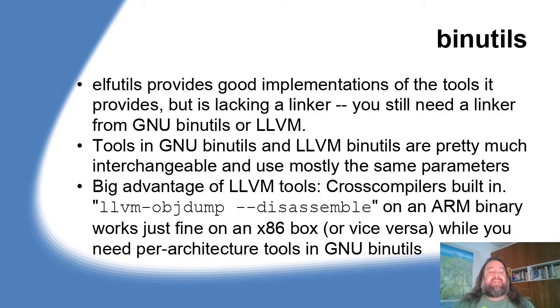So if you use the LLVM version of object dump to disassemble an object file, you will get the right output regardless of whether that object file is an x86 file or an ARM file or a RISC-V file, or whatever is supported in LLVM, which is just about every processor target you could find. Whereas with GNU binutils, you need different versions of the tools for every target.